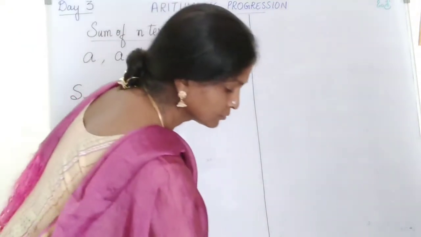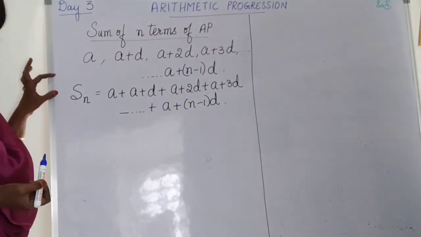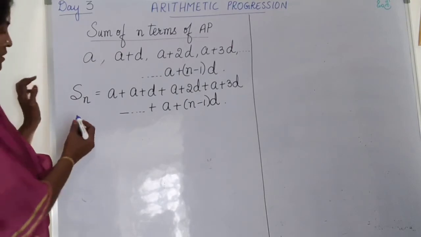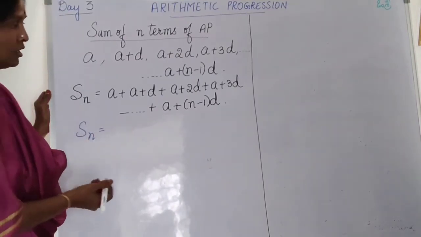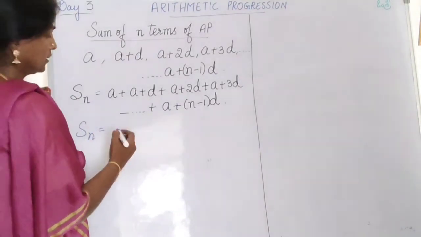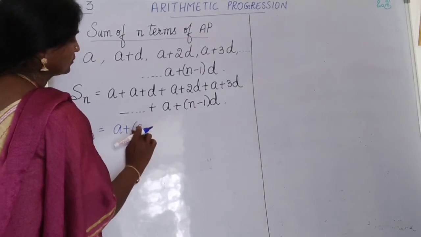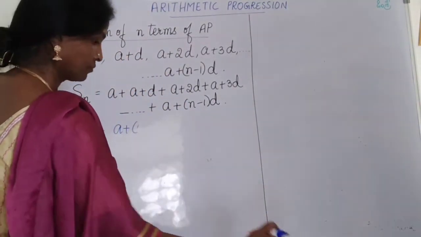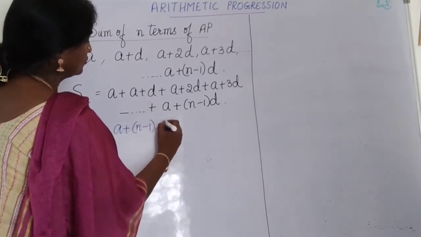Now let's rewrite this sum. Sn is equal to, I'm writing the last term in first place, that is a plus n minus 1 into d.